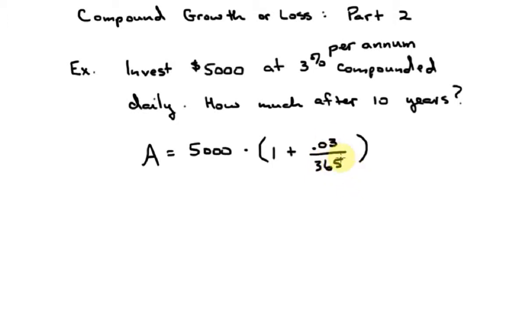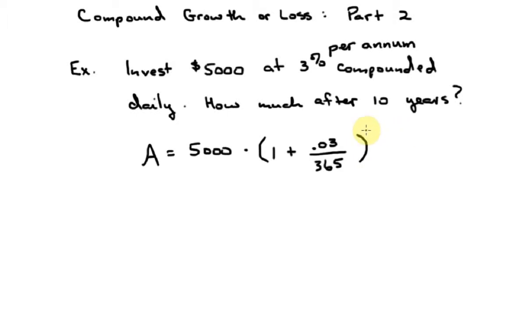So you've got to tweak your percentage of growth. What you're basically doing is saying I'm getting one day's worth of 3%. So it's 0.03 divided by 365 because we're doing this every day.